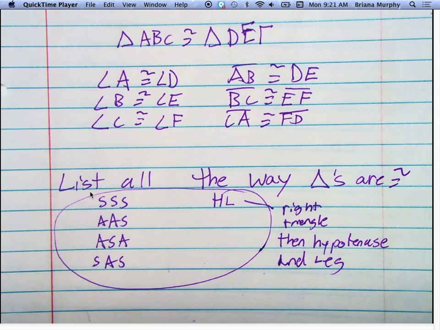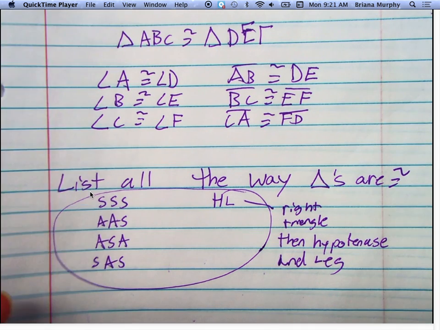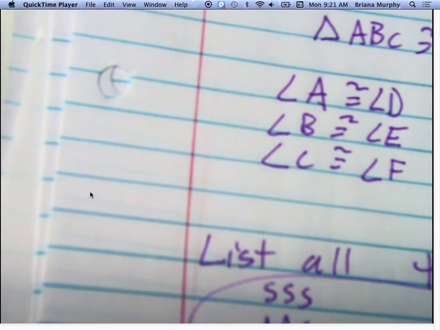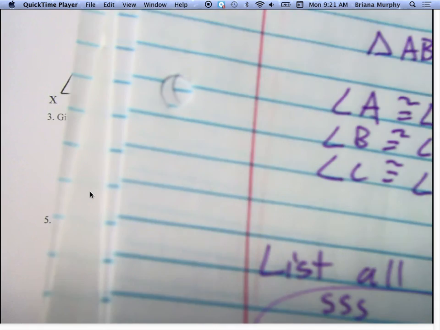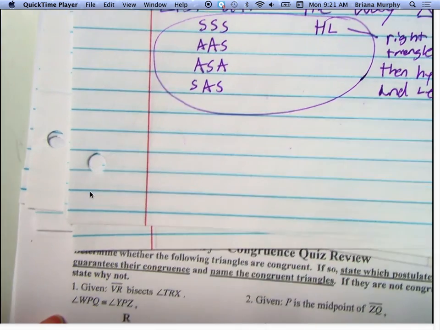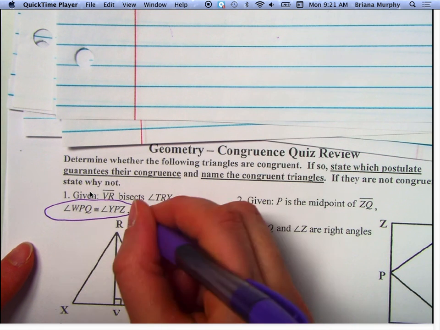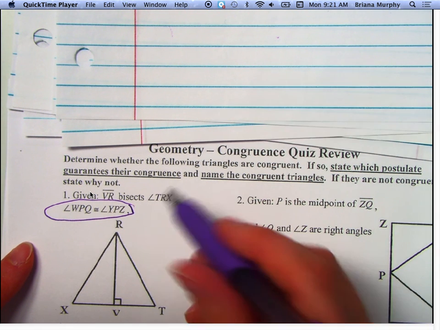Now let's look at our quiz review for just a second because there is a typo. Okay. Right here, I will put that back up in just a second. Right here, this is supposed to go over here.